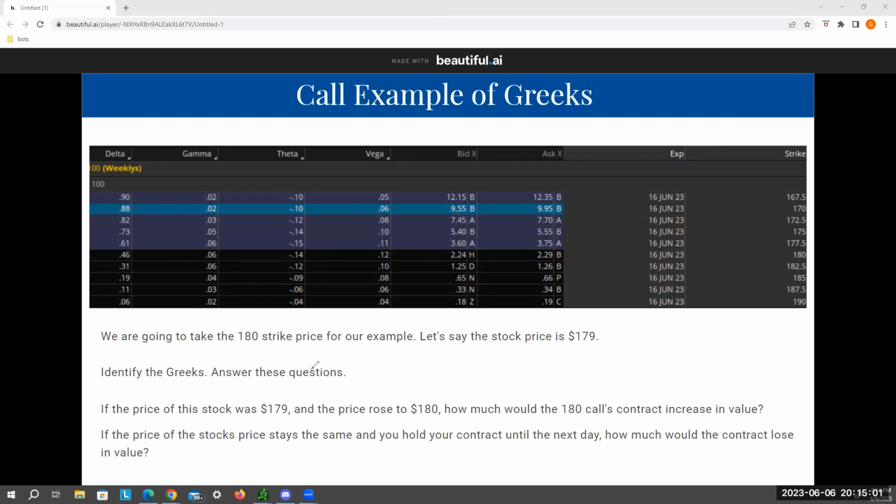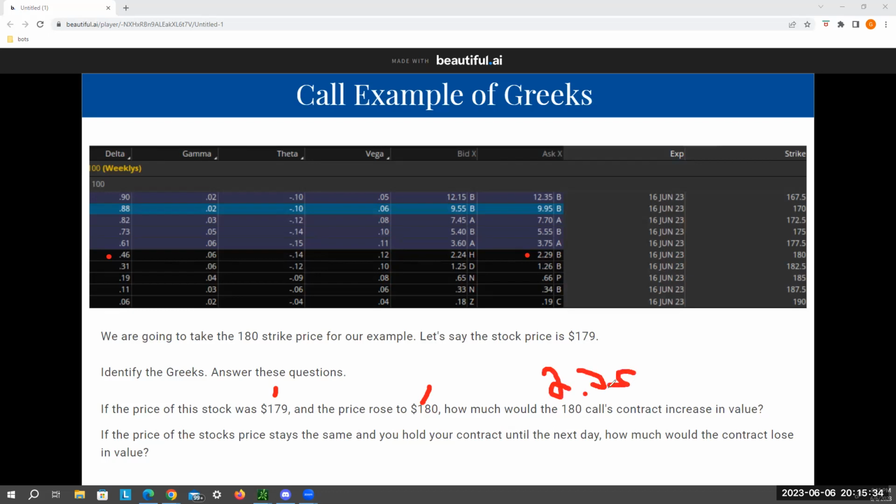Well, if the stock's price was $179 at this current moment and it rose to $180, that means it gained $1 in the stock's asset value. The $180 call would gain its delta, right? So you would add the delta to the ask, which is what you paid, and that's how much your contract would now be worth. So it would be 2.29 plus 0.46. It's now worth 2.75. Your contract's value is now $275.